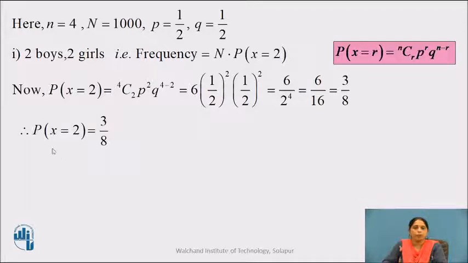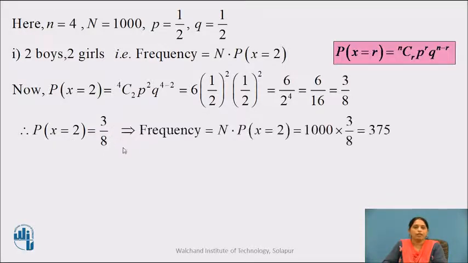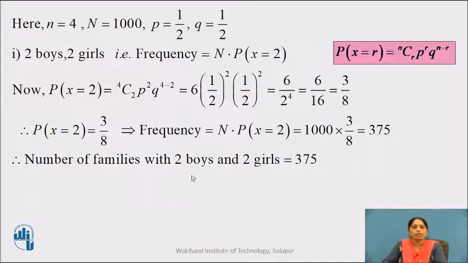Therefore, the probability of x equals to 2 is 3 by 8, and from this we can find the frequency as capital N into probability of x equals to 2, that is 1000 into 3 upon 8, which gives us 375. So there are 375 families out of 1000 in which there are 2 boys and 2 girls.